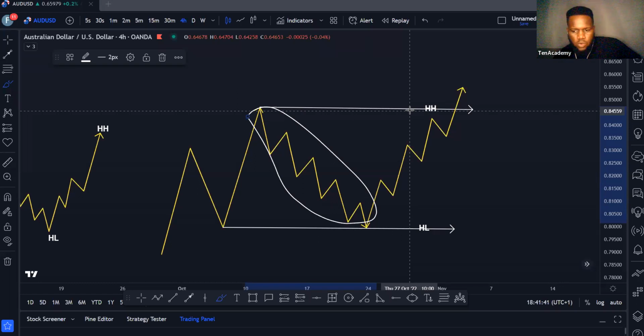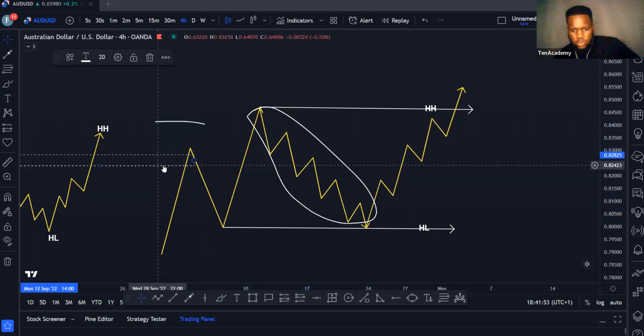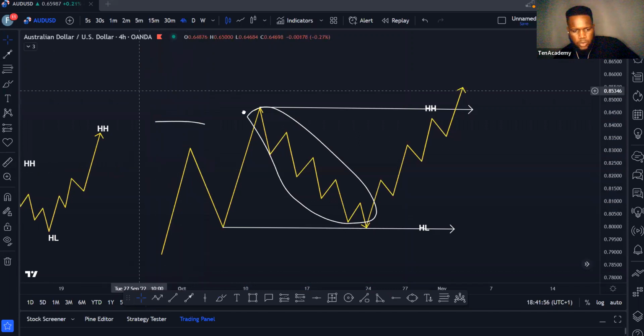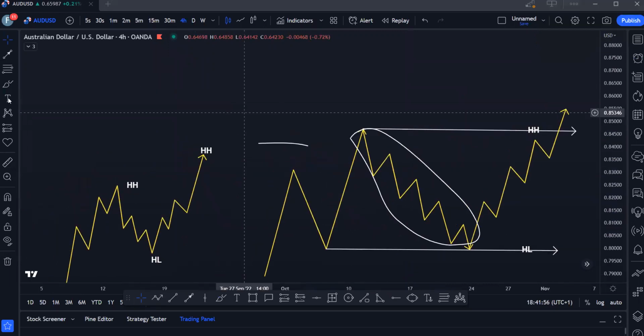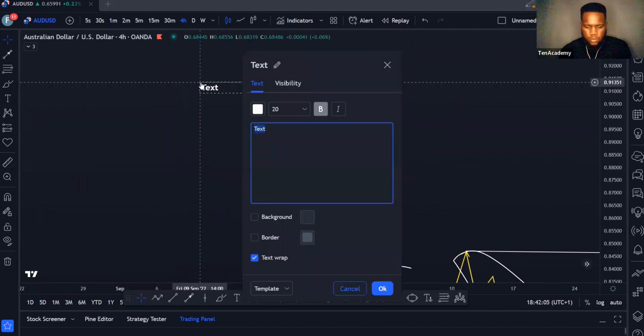So let's talk about that real quick and then we'll buttress this part. Now, I'm going to jump to the concept of change of character real quick. I'm trying to merge everything for it to make sense to us. Now let's talk about the concept of change of character.